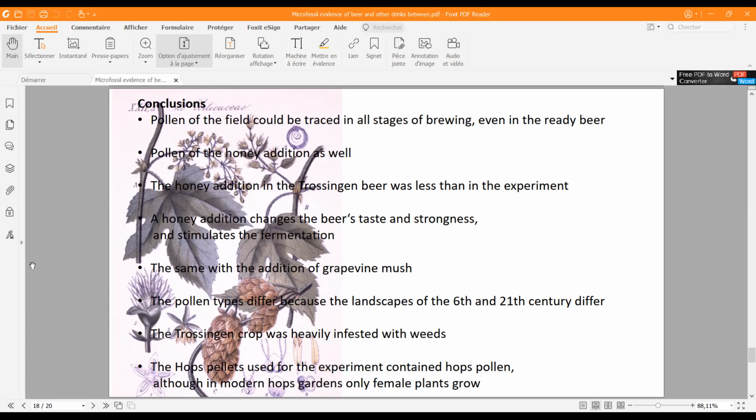Only the male plants produce pollen, but only the female plants are useful for beer spicing. And in modern hop gardens, they only cultivate female plants and they exterminate the male plants. But in the pellets, we found several grains of hop pollen. And we do not know why, perhaps some male plants escaped in the garden. We do not know, but they are present.